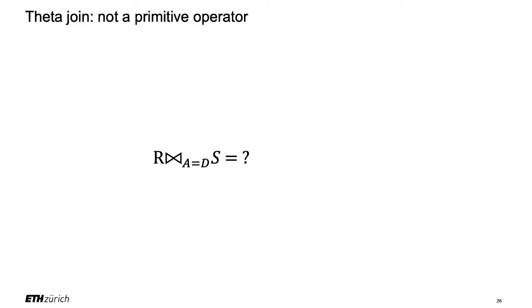In particular, we can express this theta join in terms of other operators. In fact, this probably is natural to you, but the theta join is just the Cartesian product followed by a selection, right? So it's a selection based on A equals D of the Cartesian product of R and S.